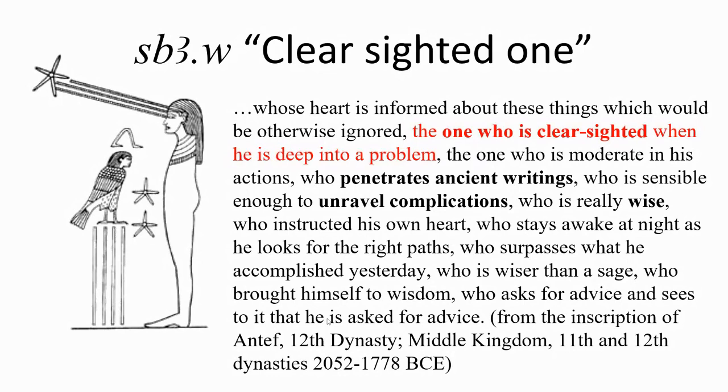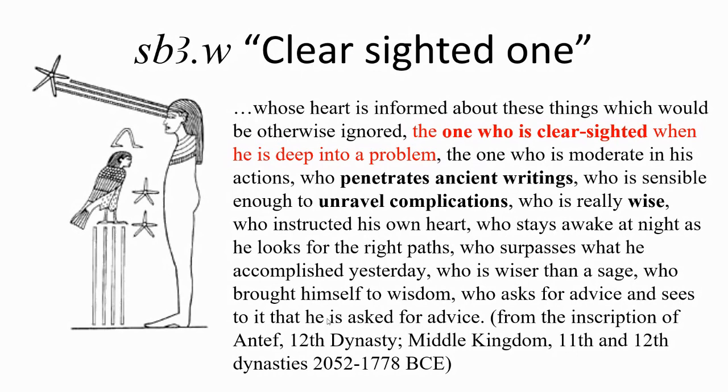So while other people ignore certain things, a Seba, a clear-sighted one with open eyes, one who has followed the path of the sun, would be drawn to this information, trying to solve this riddle.